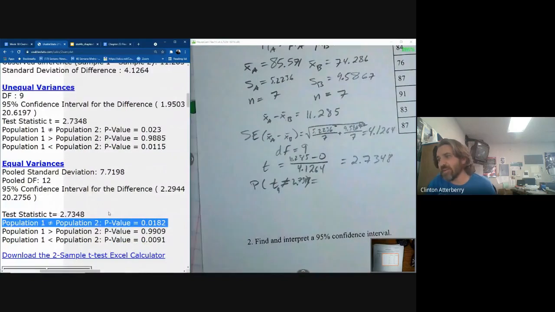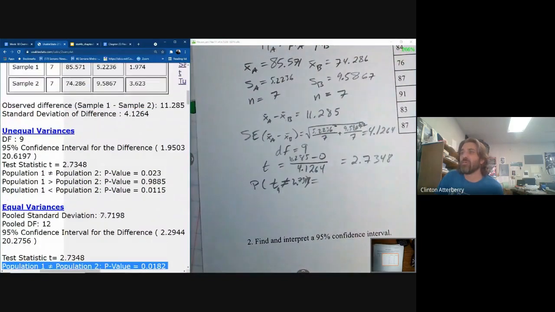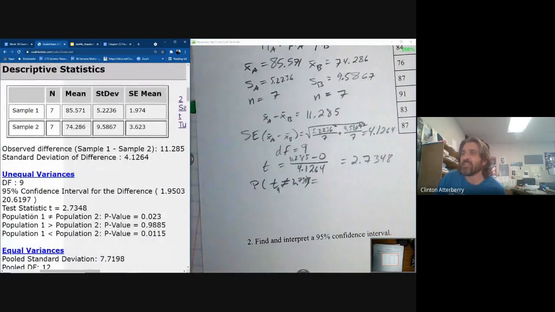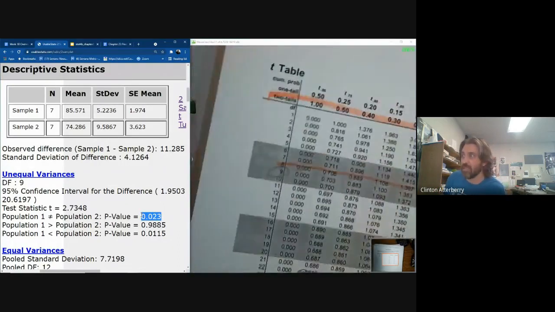So that's what, oh wait. They must be using some, I'm looking at the equal variances. That's the pooled data. That seems weird. So up here, I'm so sorry. So t statistic 2.7348, our p-value is 0.023. Sorry, kind of got all lost on the webpage for a moment.